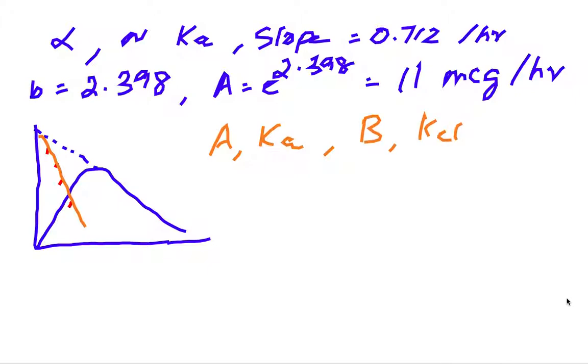And now you can go back and use the general model. C sub t is equal to B e raised to negative beta t minus A times e raised to negative Ka or alpha t. Either one is fine.